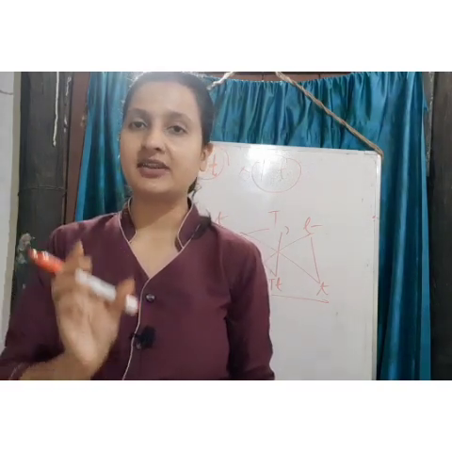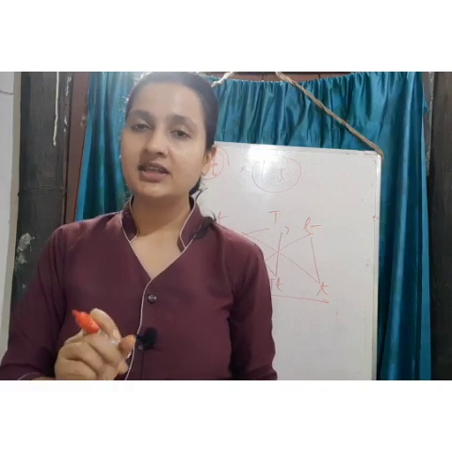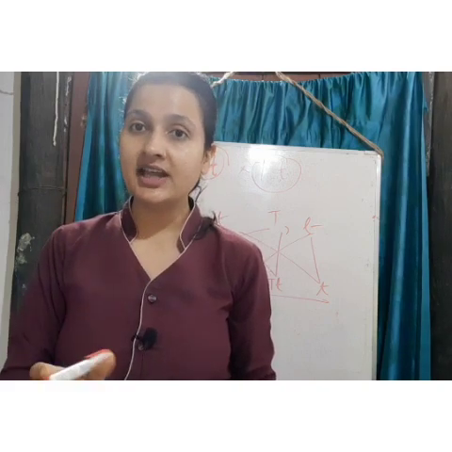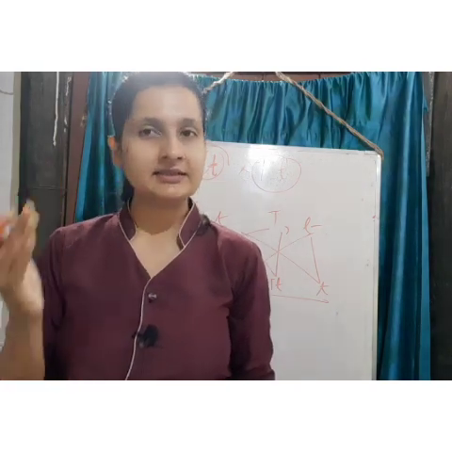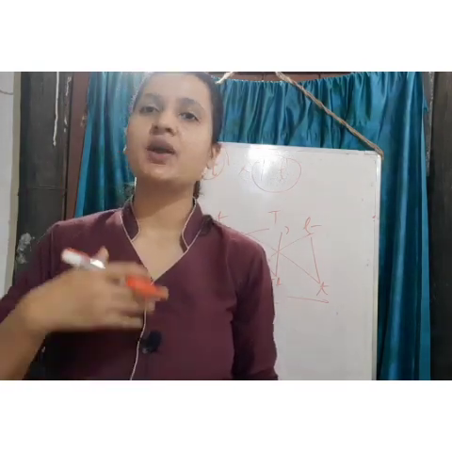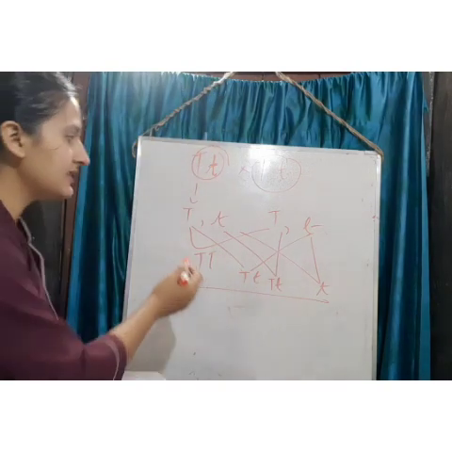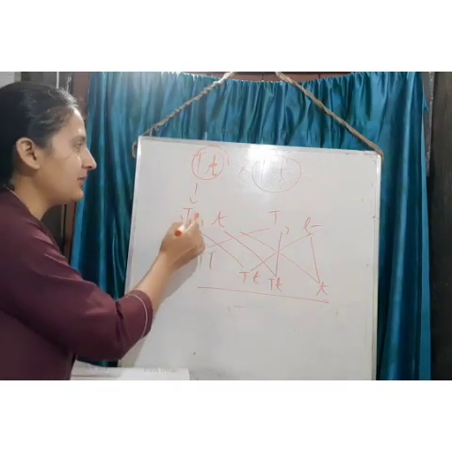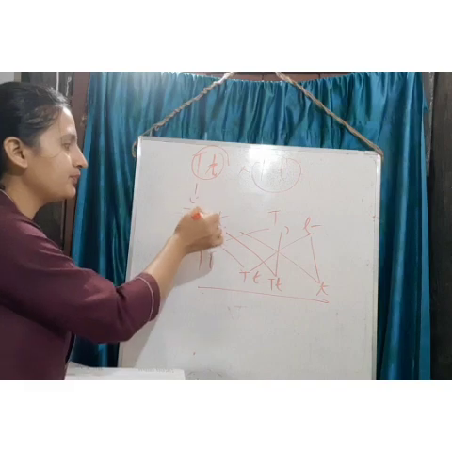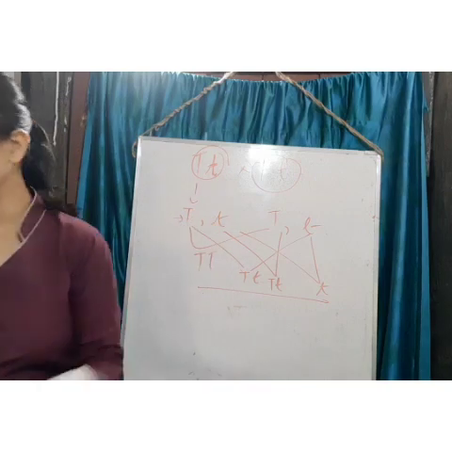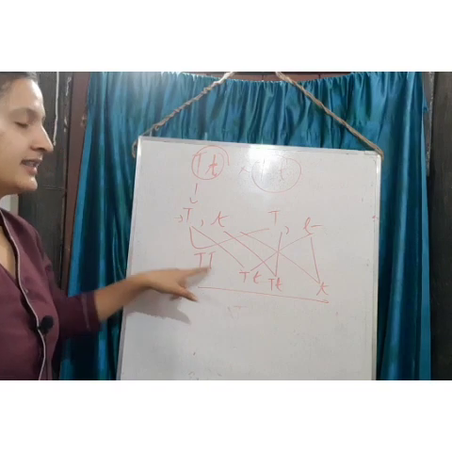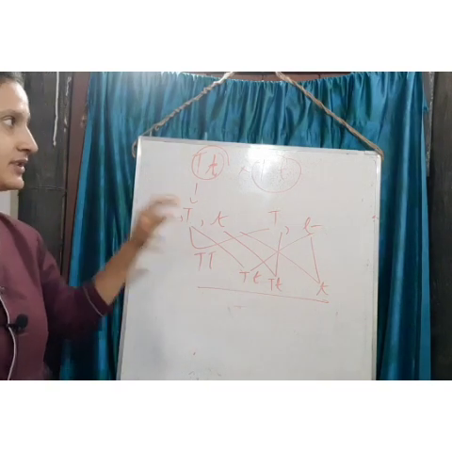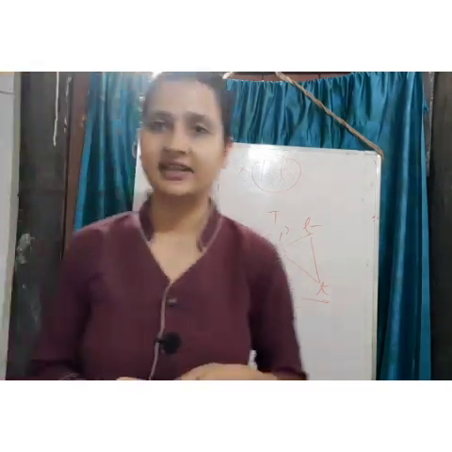It means if characters are together for a long time, they don't get blended or mixed, but at the time of gametogenesis, when the gametes are forming and meiosis is taking place, they get separated and express their traits. So this is called your law of segregation.